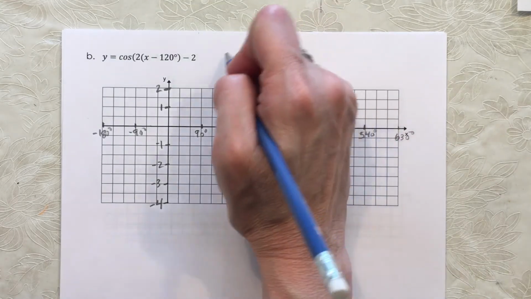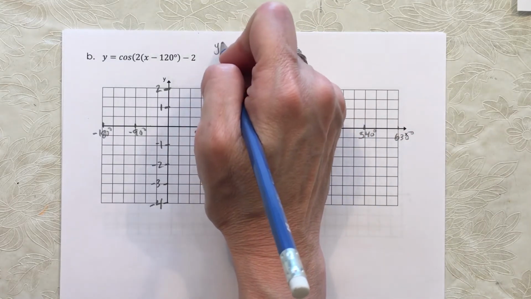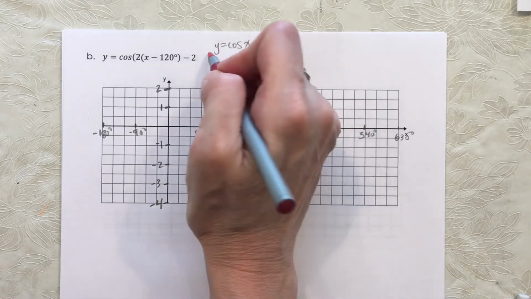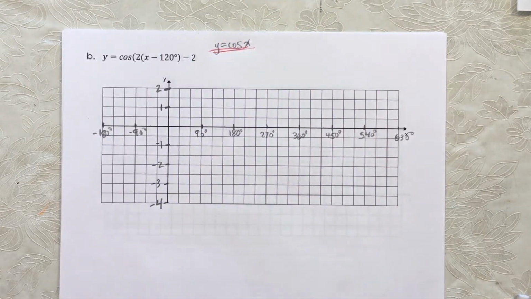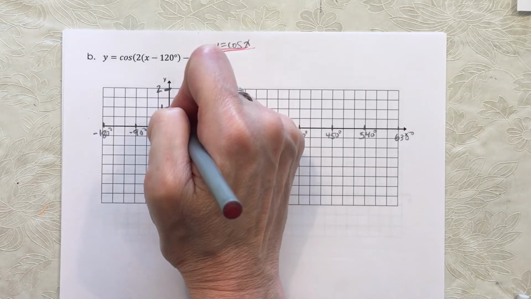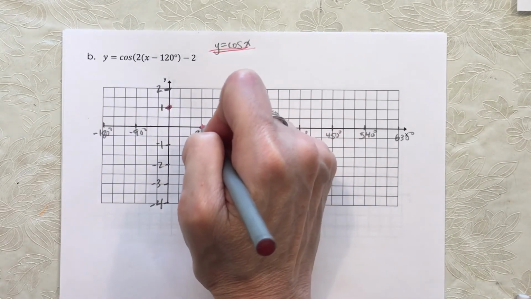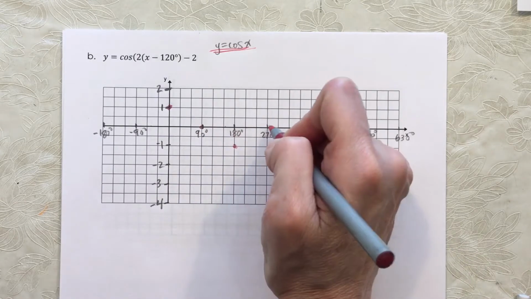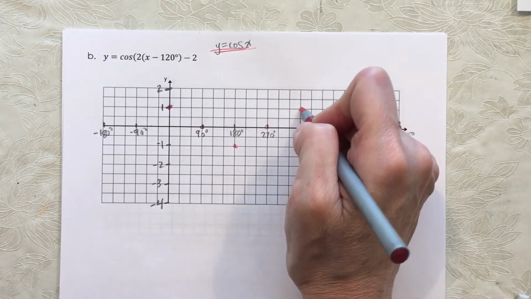Step 2, draw one cycle of the parent function, y equals cos x, and we're going to use a pencil crayon for that. So we have to erase. And cos is the one that starts at 0, 1, comes down to 0, then down to -1 at 180, back to 0, and finishes at 1.